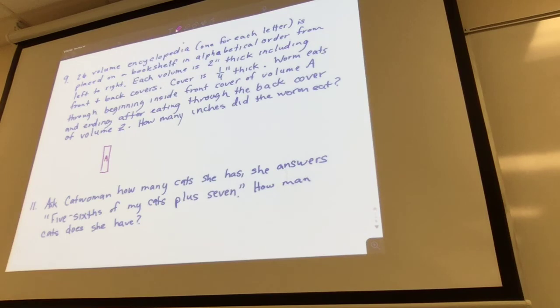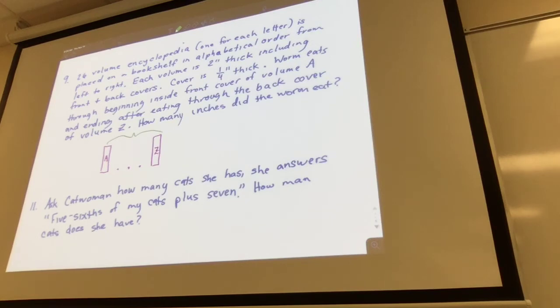Okay. If I drew that, I'm just going to put dot, dot, dot in the middle. So how many of these do we have? A through Z is 26.